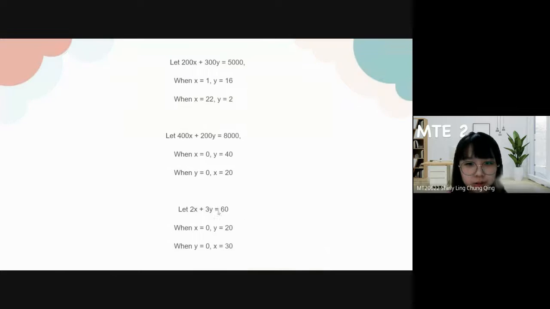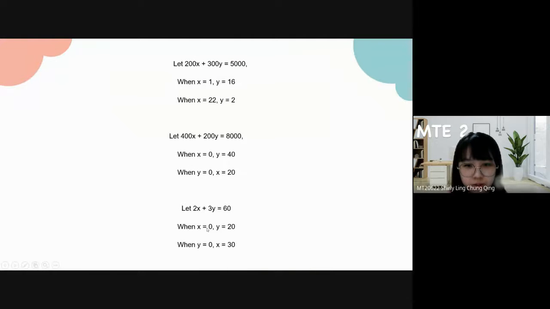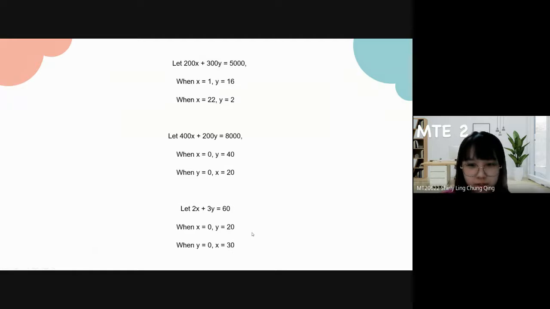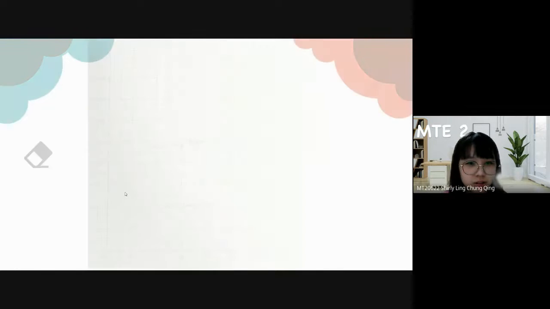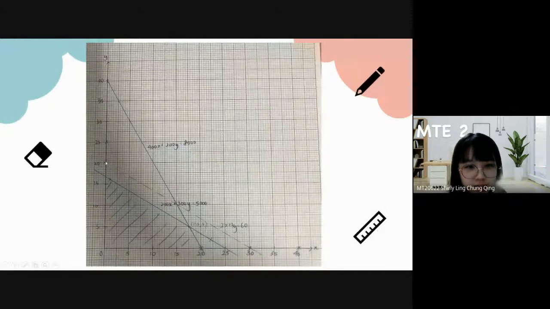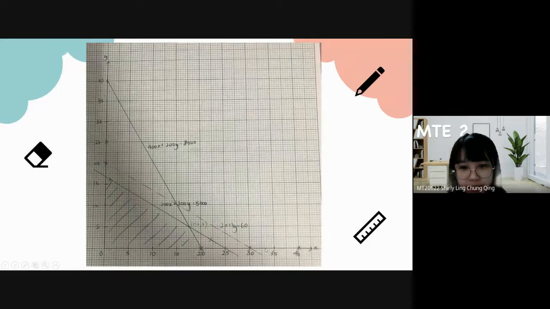For the third equation, when x equals 0, y equals 20. When y equals 0, x equals 30. After we plot these 2 coordinates on the graph, we can get this line, which is the line to determine the maximized Z.